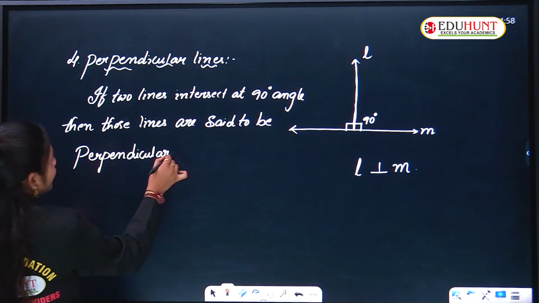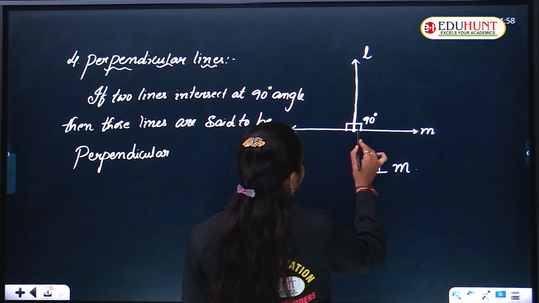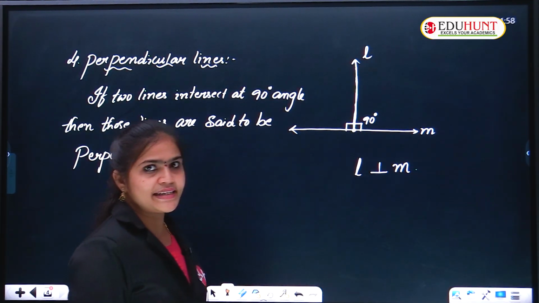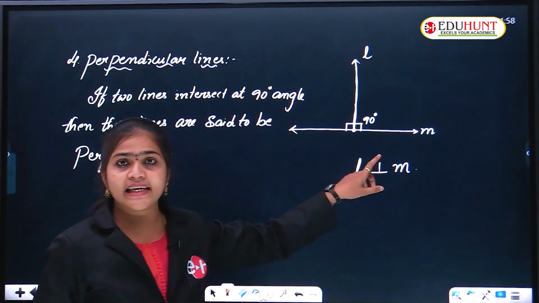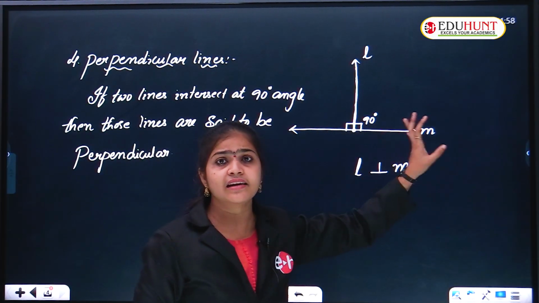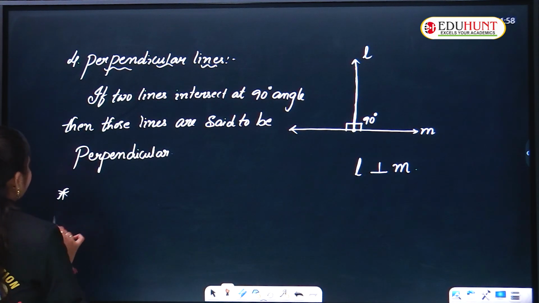Understood? See here, two lines intersect at a point, by the angle 90 degrees. At the intersecting point the angle is 90 degrees, then we can say that those two lines are perpendicular lines. And what is the symbol of perpendicular lines?